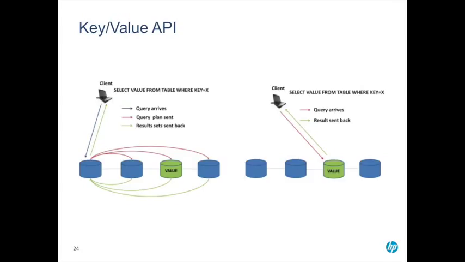So the way it would work, and this is sort of what the diagram is trying to show you, is to route the query directly to the node that has the data. So you would set up the segmentation on the client side, tell the driver explicitly what the segmentation key is.